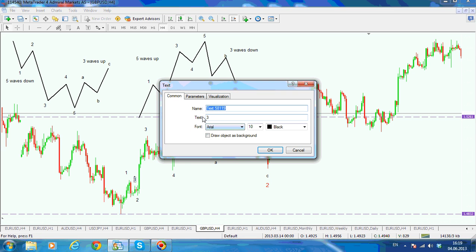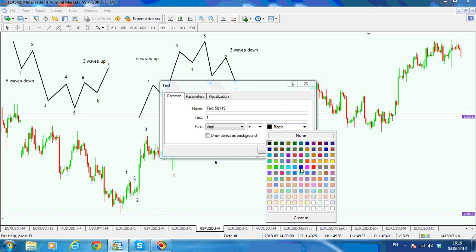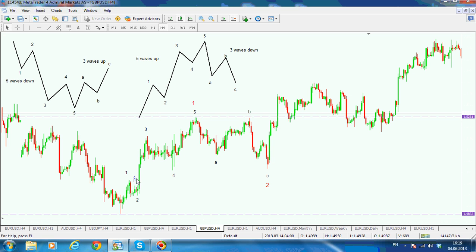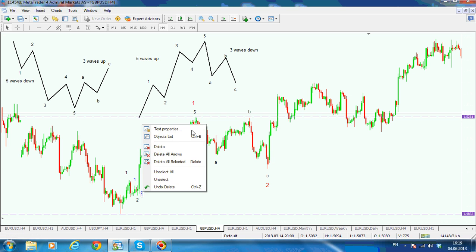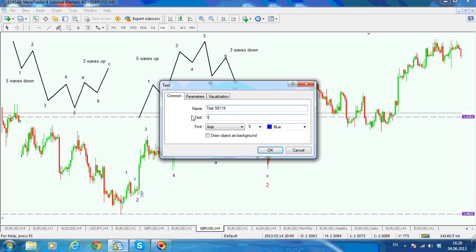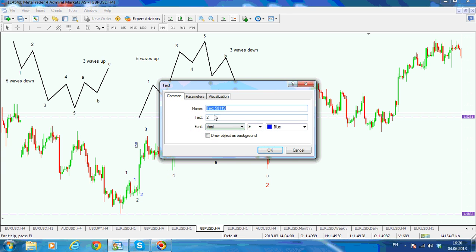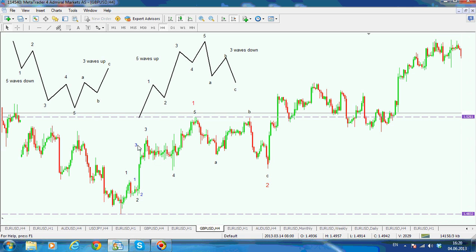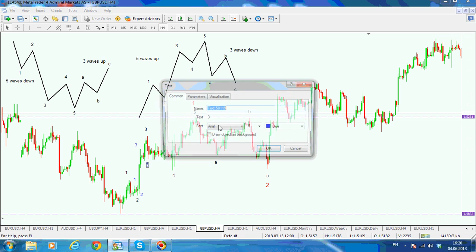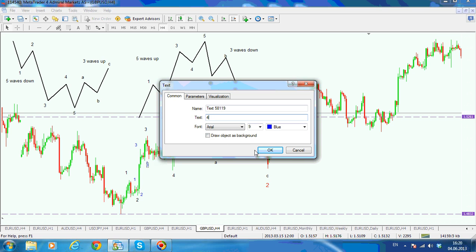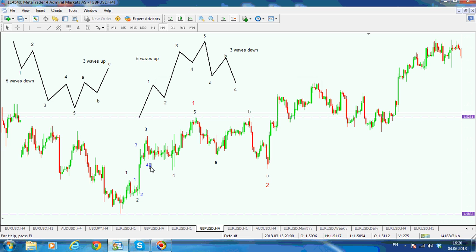Let's make 1 in blue, so 1, 2, 3, 4, and 5.